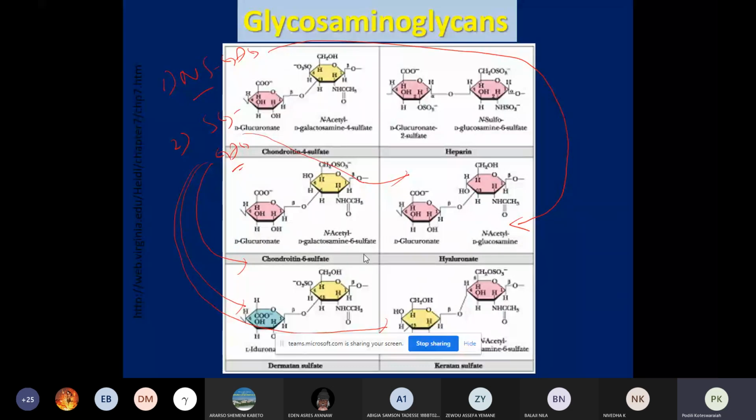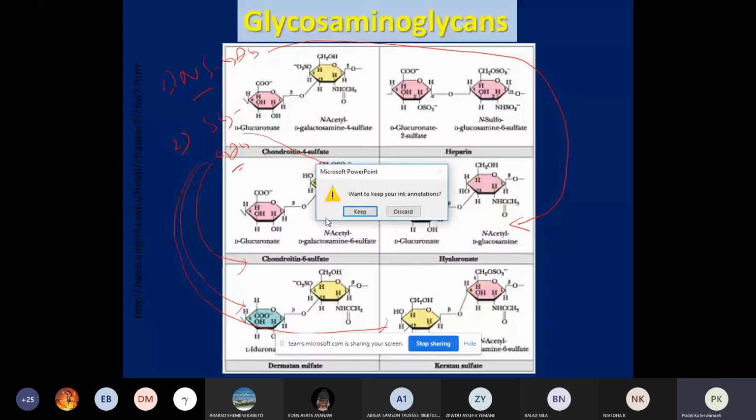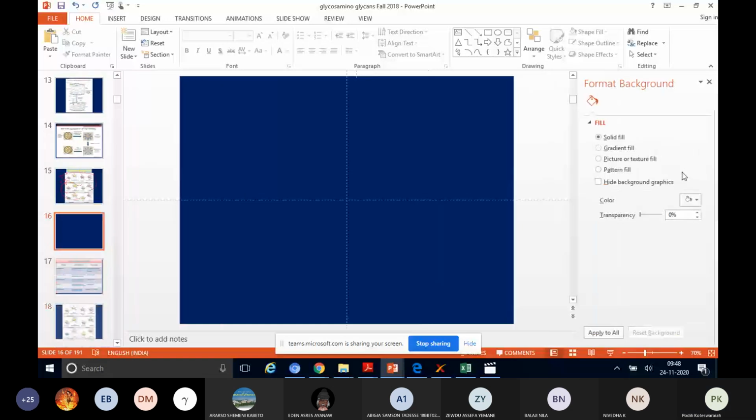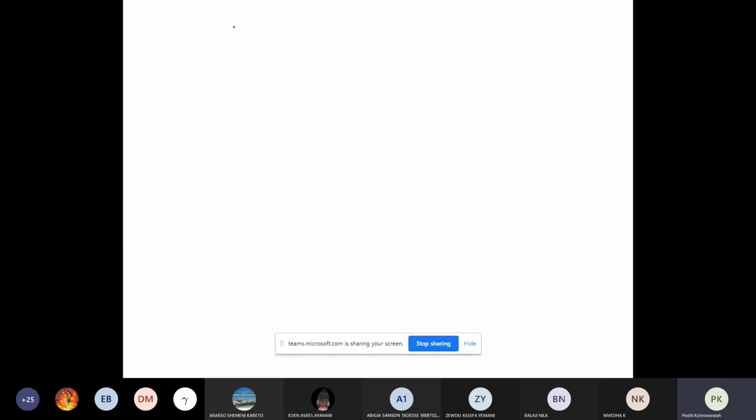So, coming to the structure, if you see the basic structure of the glycosaminoglycans, as I already said, glycosaminoglycans are composed of several repeating disaccharide units.